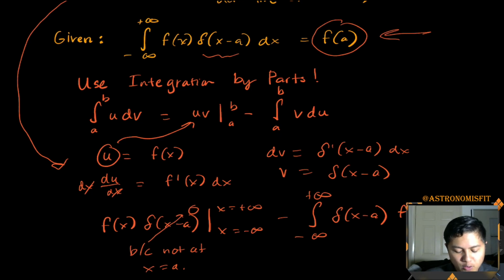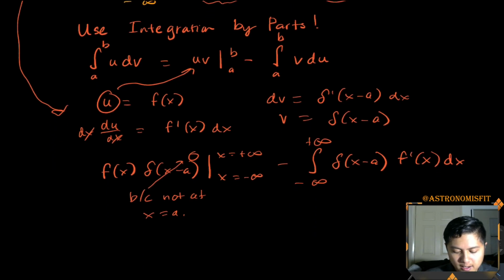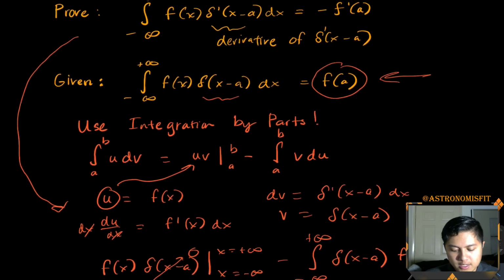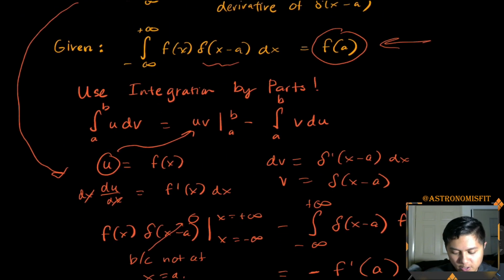So we know that if you have a function multiplying the delta function in an integral, we just evaluate that function at the point in question. So we have a minus sign out front, and the point we're going to be evaluating f prime at is, well, none other than f prime of a, which is the line we wanted to prove above right here.